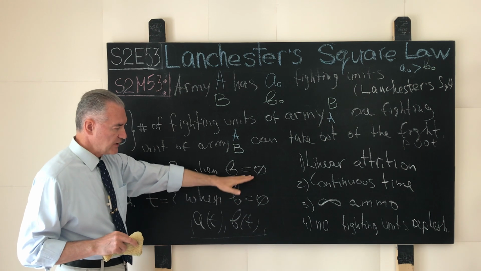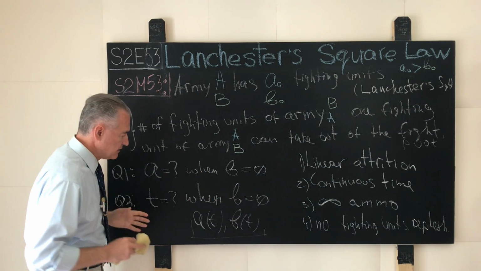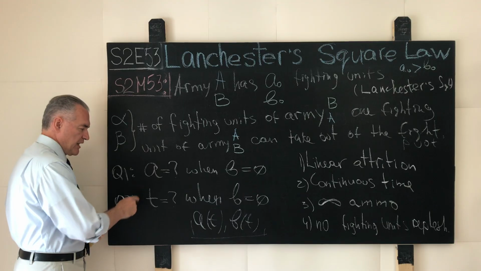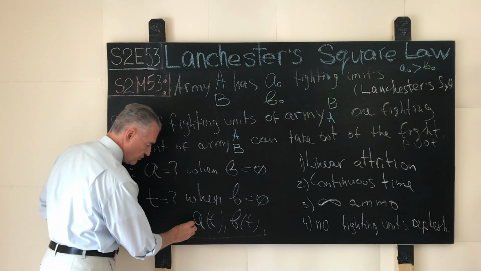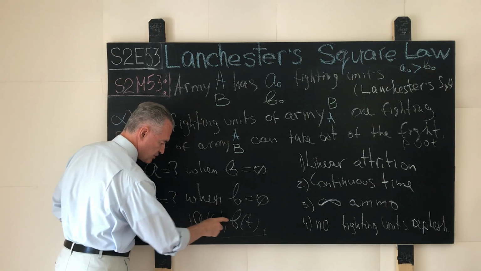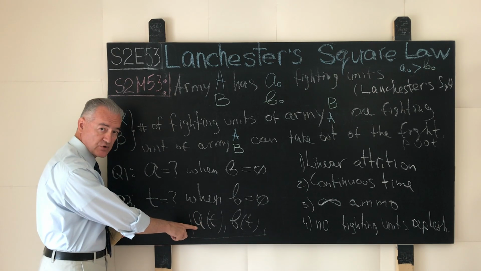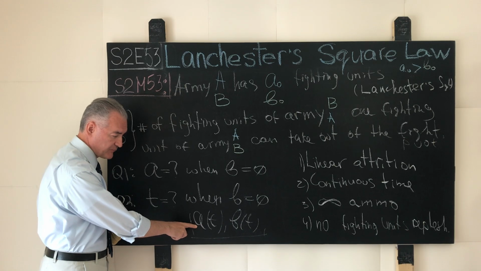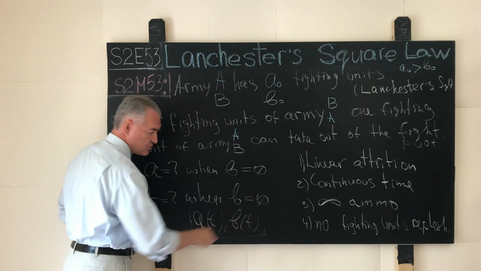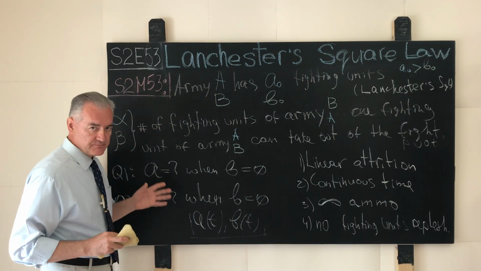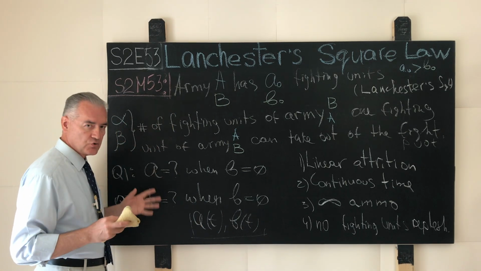No more fighting units of the Army B left. These two questions should be answered, of course, in a way that in the end, we want to produce two functions, the number of fighting units of the Army A as a function of time, and the number of fighting units of the Army B as a function of time. Again, this is basically a miracle, a toyish situation.